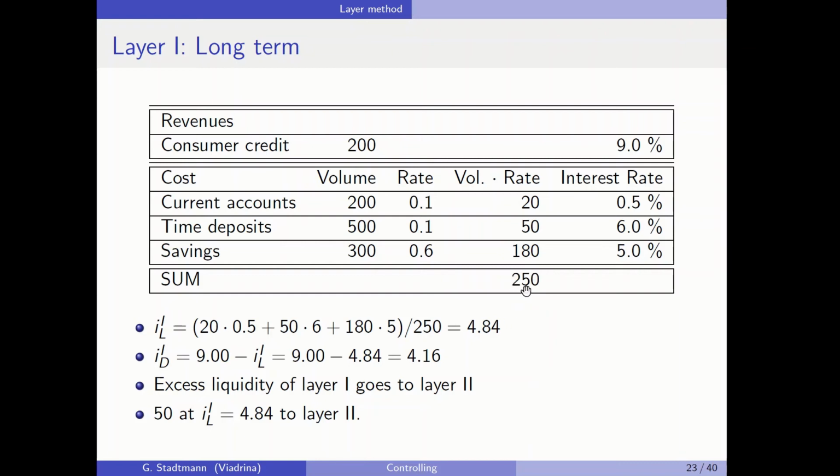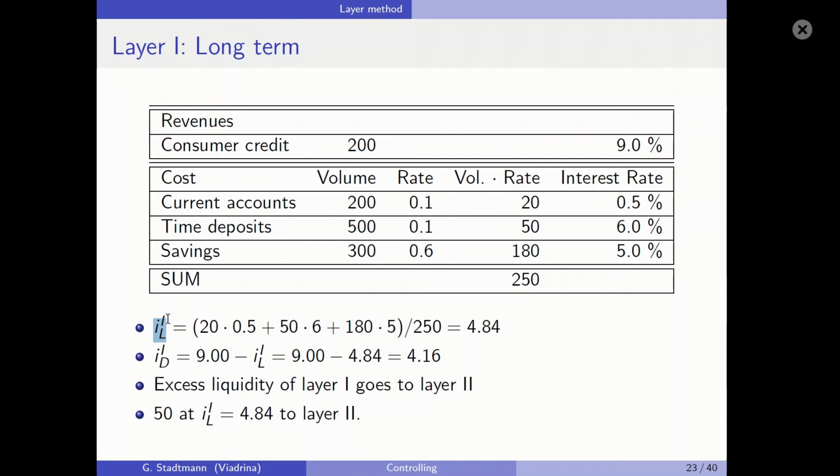of liabilities in layer 1, and hence we have to compute the weighted average interest rate for the first layer. We are doing so by computing the liabilities.